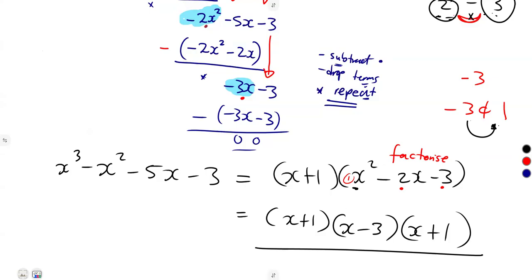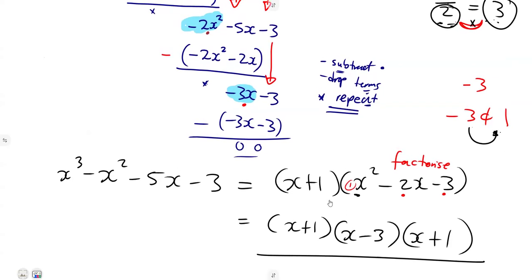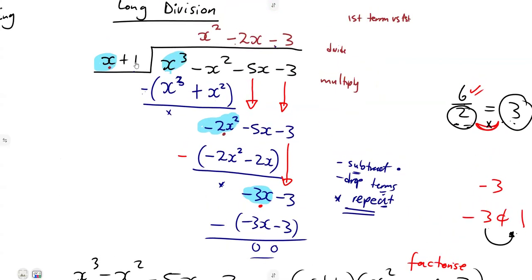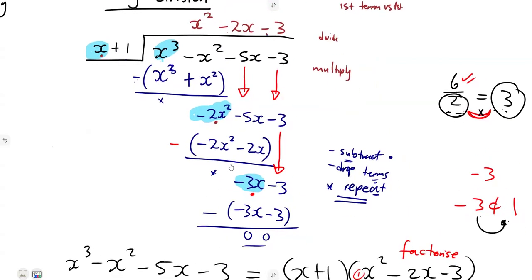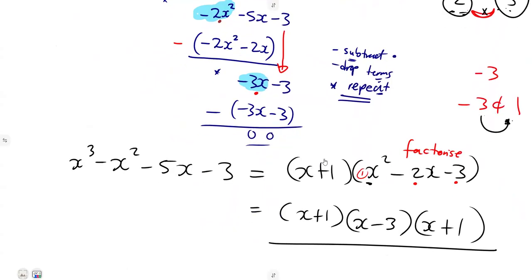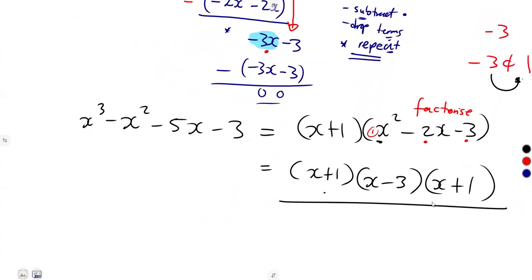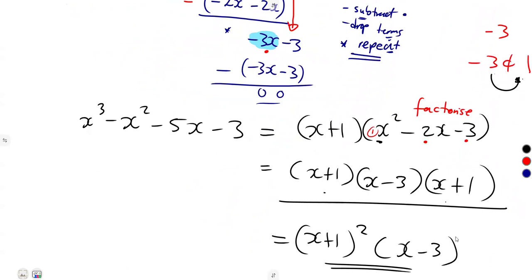Let's go back. This is x plus 1, yes. So meaning to say we have got two brackets that are the same here, x plus 1 and x plus 1. We can even write it as x plus 1 squared into x minus 3, like this.